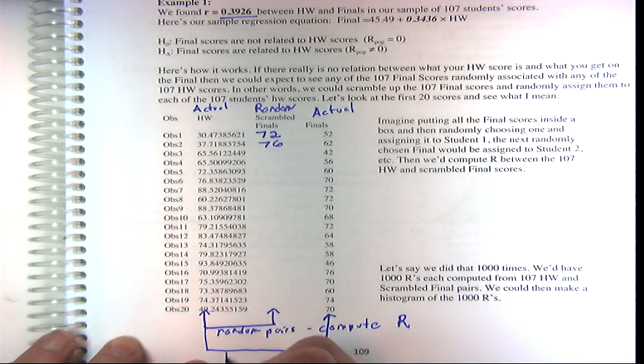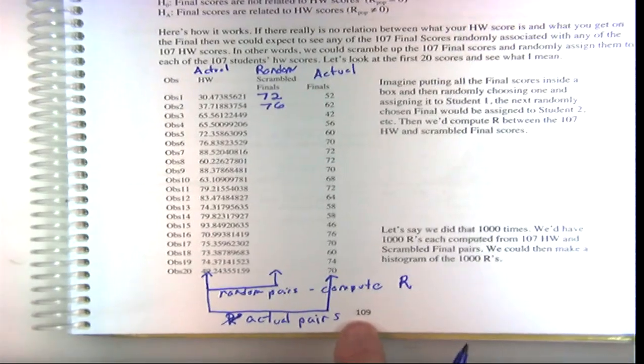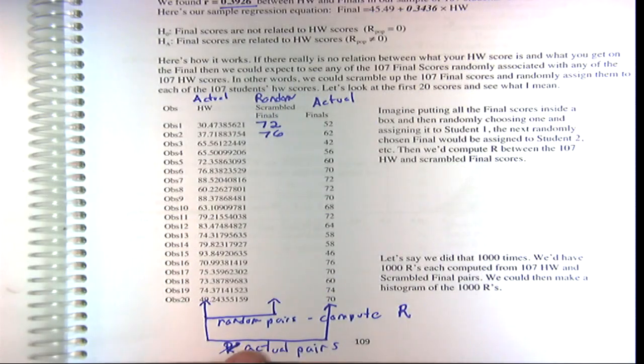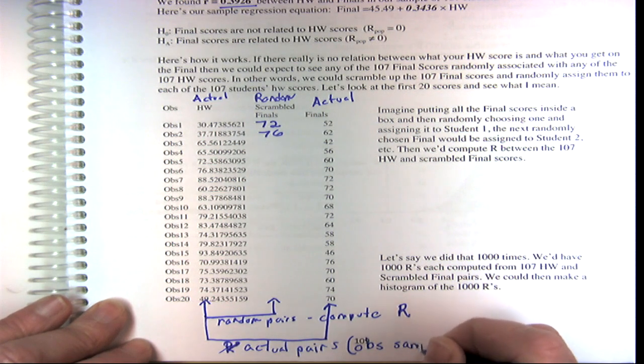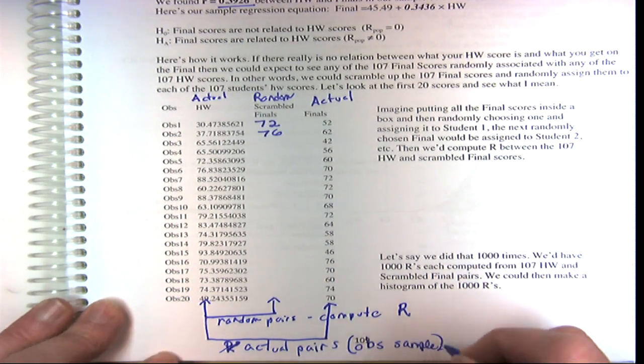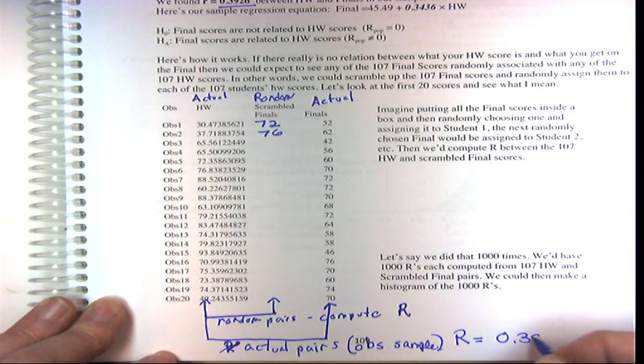And that's our actual R. These are the random pairs, and these are the actual pairs, or you could say our observed sample pairs. That's what the usual language calls them. Observed sample pair, actual pair, from the observed sample, and we get an observed sample R, which is equal to 0.3926.